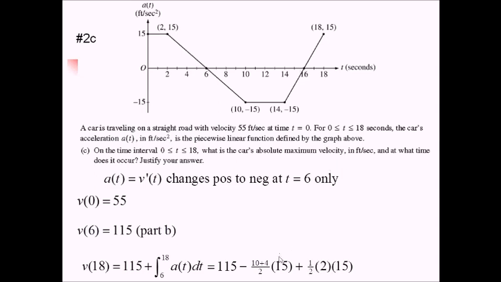Adding all that up, this trapezoid has an area of, let's see here, 14 over 2 is 7 times 15. That's going to be 105. So 115 minus 105, which is 10. And then we have 10 plus 15, which comes out to 25. So taking a look at these different candidates, 115 is the largest velocity. So then our max velocity is going to be 115 feet per second at 6 seconds.